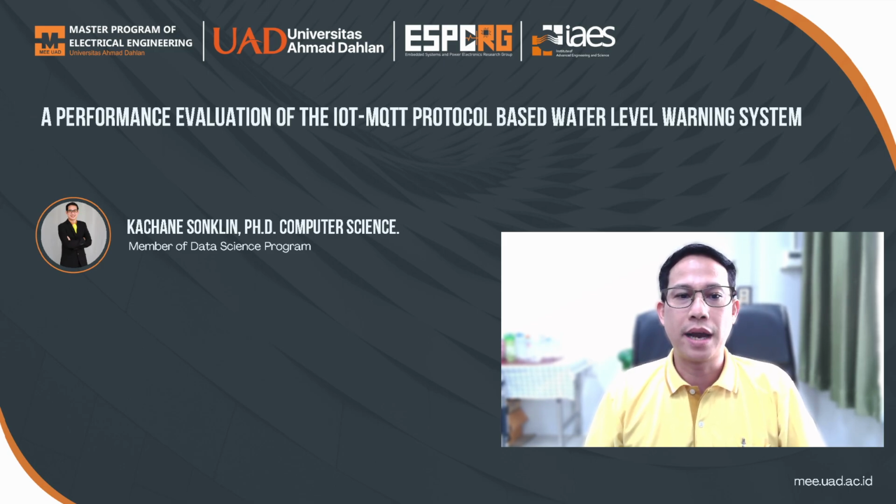Therefore, this paper aims to develop the water level warning system prototype using the MQTT protocol and then evaluate the performance of the proposed system with different metrics, including latency, throughput, packet loss rate, packet delivery ratio, availability, and accuracy by simulation experiments. The analysis is performed to discuss the experimental results.